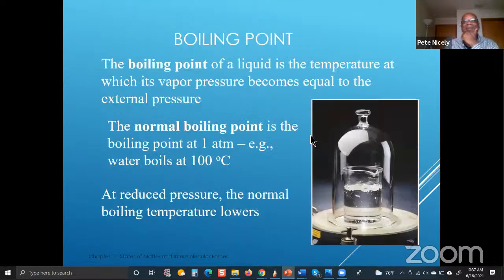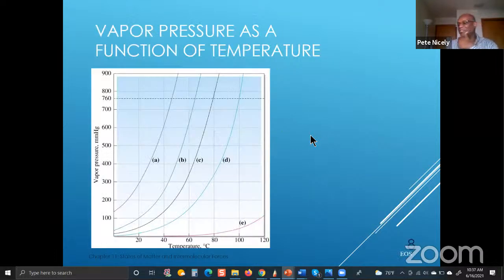So basically, the term that we use to describe liquids with high vapor pressure, we say that they are volatile. So volatile refers to how high the vapor pressure is for a liquid.